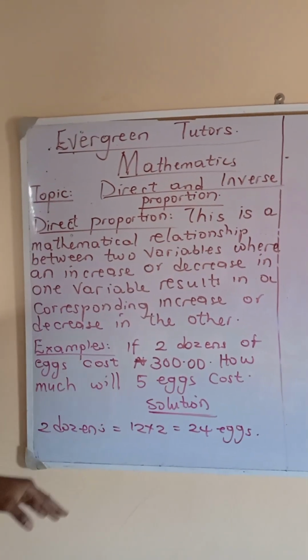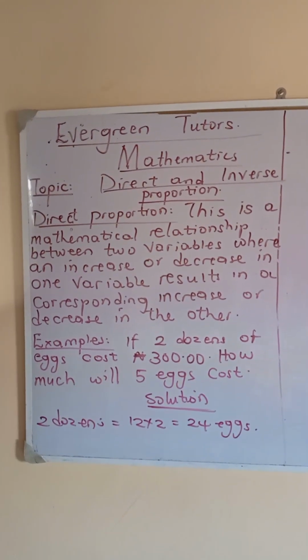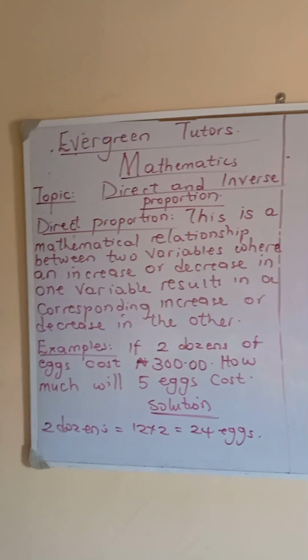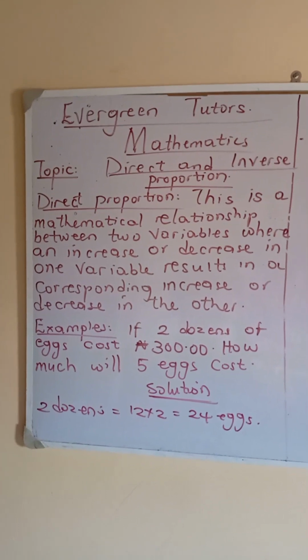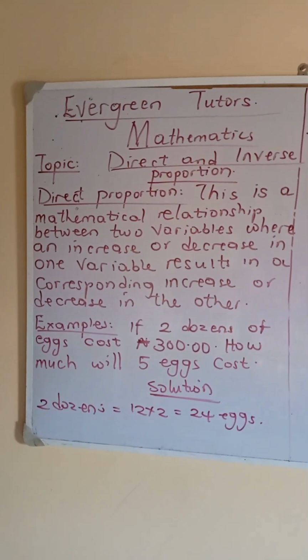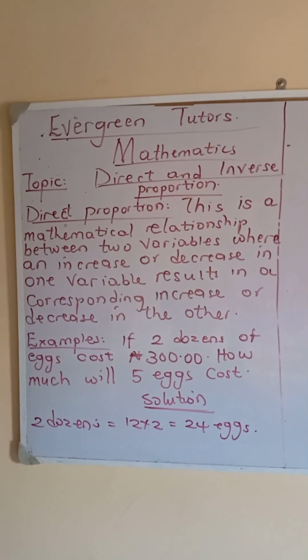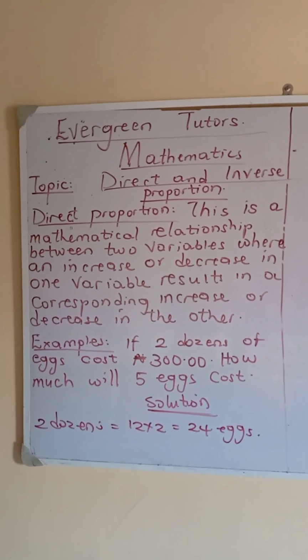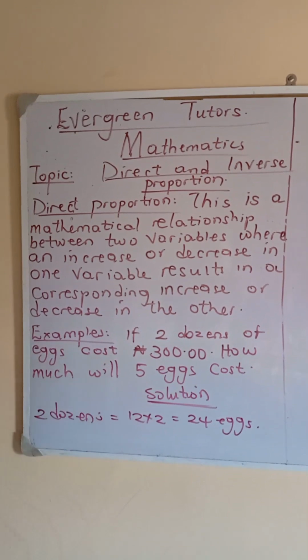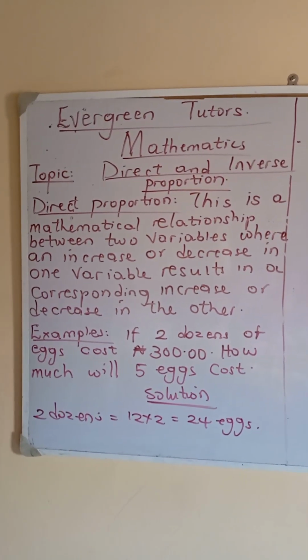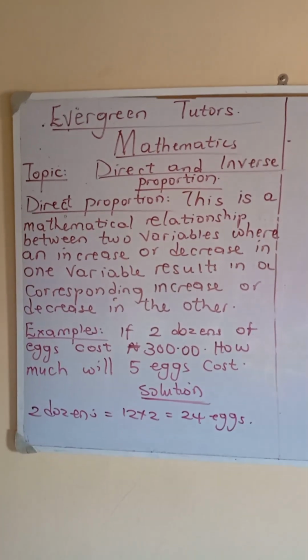Now let's see how we can solve this example. If 2 dozens of egg cost 300 naira, how much will 5 eggs cost? 2 dozens of egg, 1 dozen will give me 12, while 2 will give me 24 eggs.